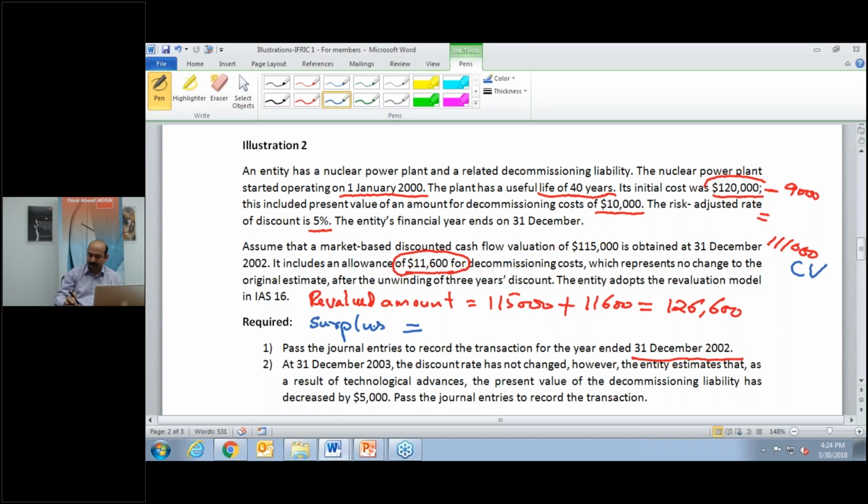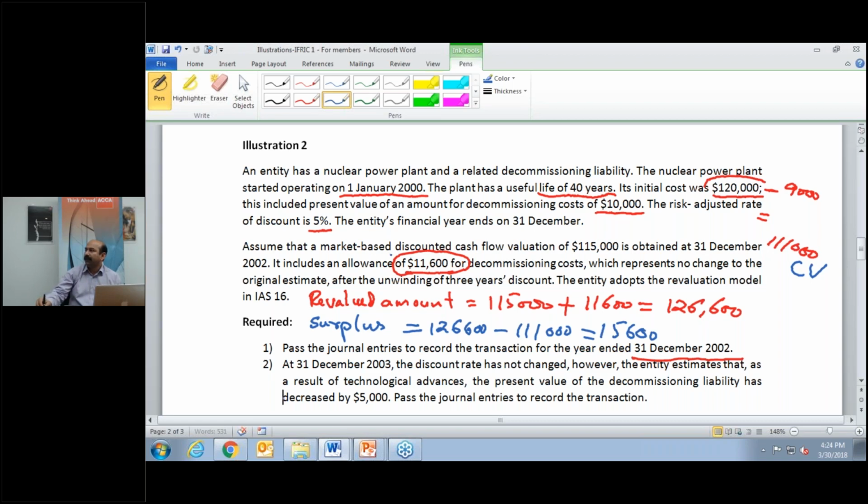We can calculate the surplus as 126,600 minus 111,000, so this will give us 15,600. So this is the surplus.